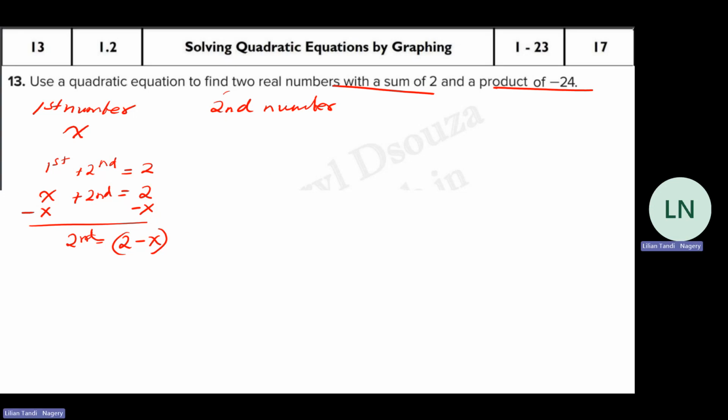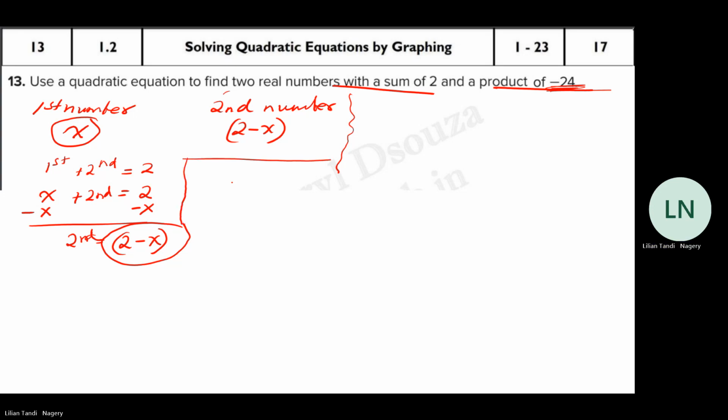Now, what else do I know? I know that if I multiply this number and this number, I should get negative 24. So my second number is 2 minus x. Okay, so then I don't want to use a lot of space, so I'm going to do it here. x multiplied by 2 minus x equals negative 24.